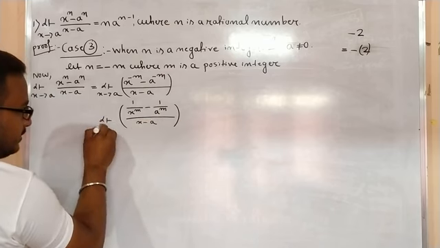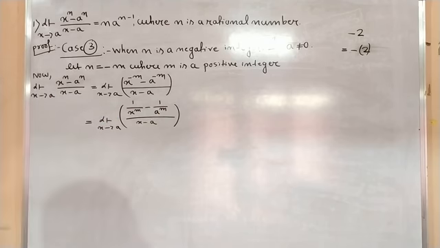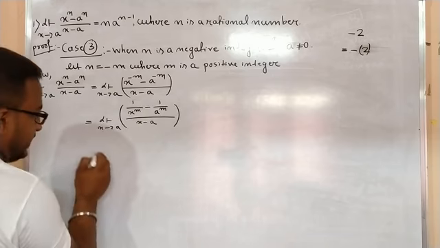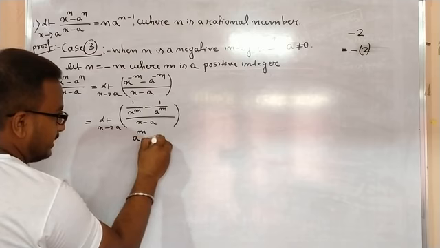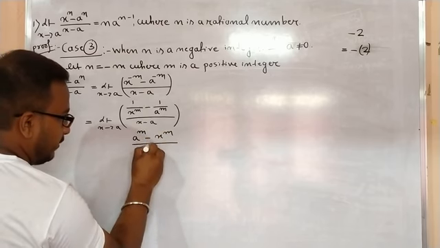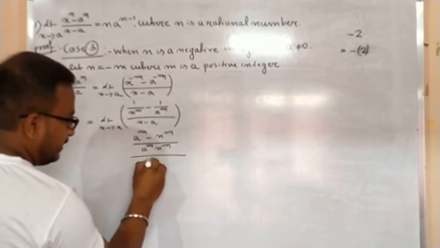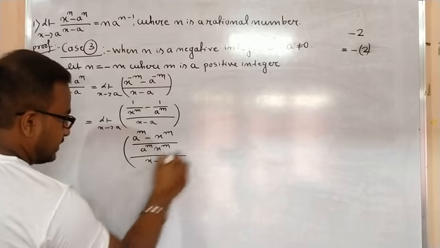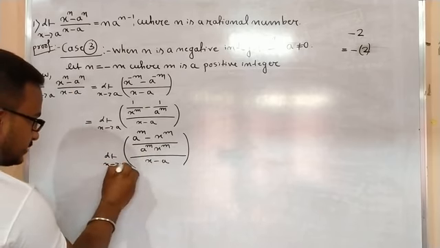Limit x tends to a, and now give the equality. Okay? Now I have to calculate it properly. It will be what? a to the power m minus x to the power m divided by a to the power m into x to the power m, whole thing divided by x minus a. This is the whole function. So this is limit x tends to a.